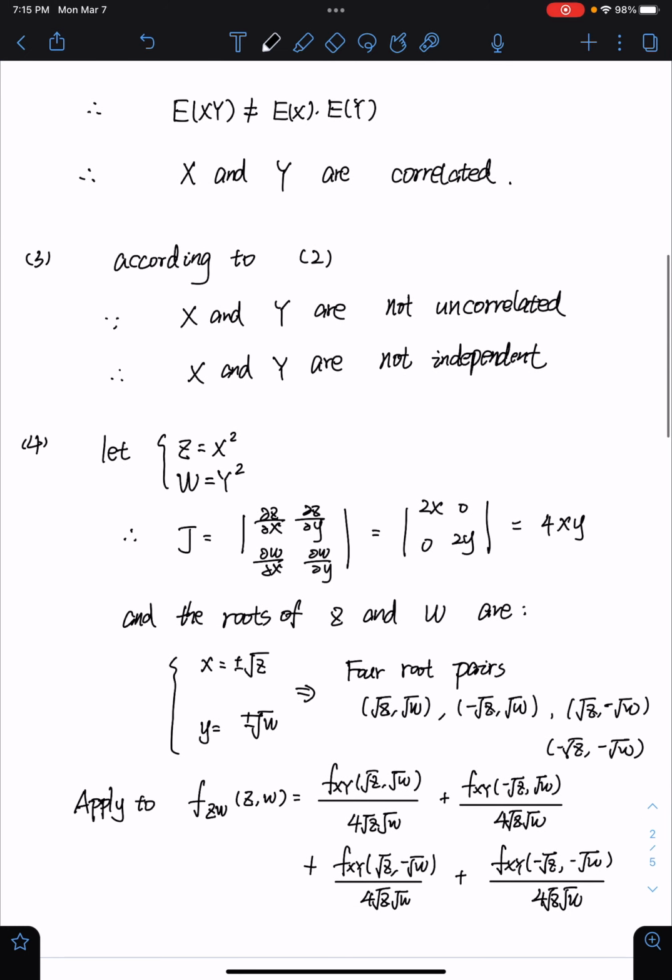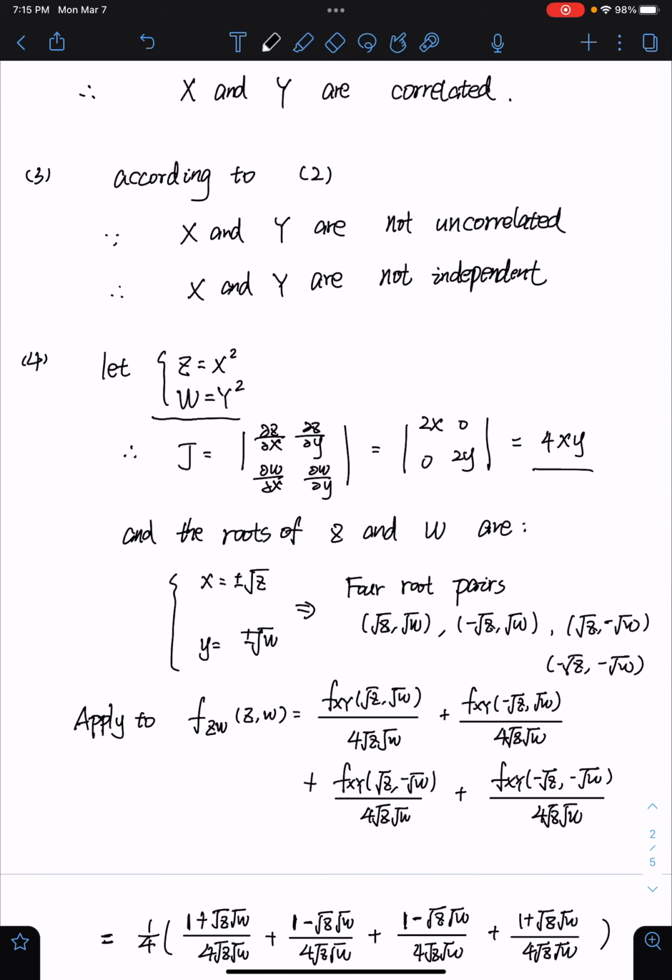The fourth question is to find the joint density of x square and y square. Now we let Z equal x square and W equal y square. Then we calculate the Jacobian, which equals 4 times xy.